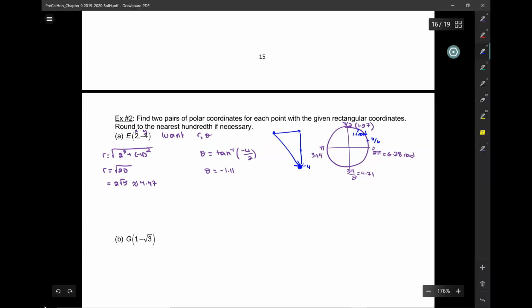Now let's see if this makes sense. I have a theta of negative 1.11, that's right there about, and that's r, 4.47. Does that make sense, that's where the angle would be? Yes, it does. So the coordinates here are 4.47 comma negative 1.11.